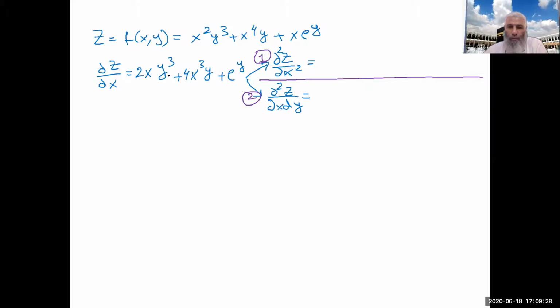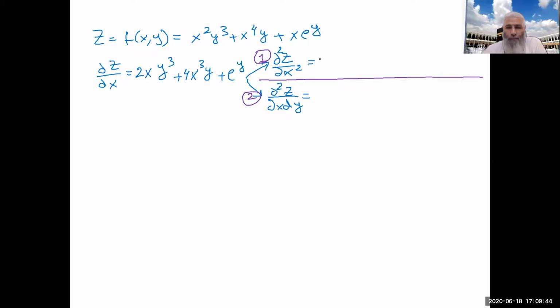So here we have 6x y squared. With respect to x, 2xy cubed. What is the derivative of x with respect to x?